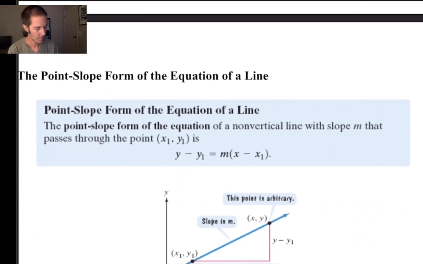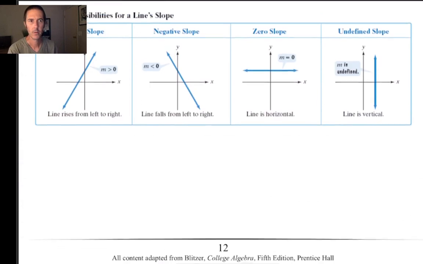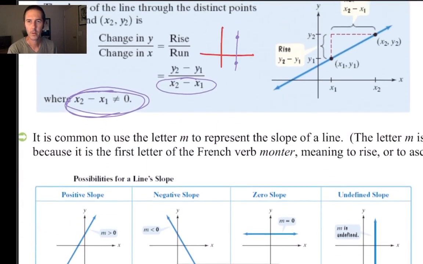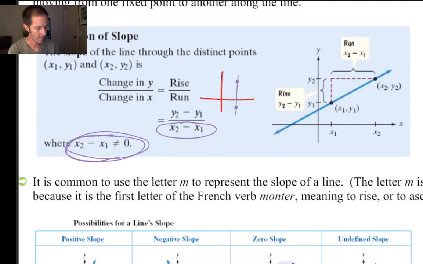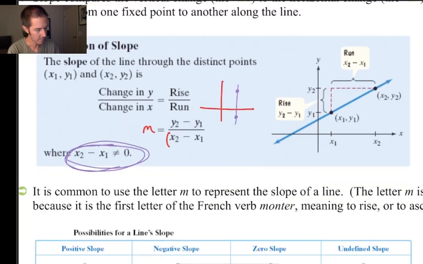The relationship between this equation, which is called point-slope form, and this equation: if I put an m in front of this equation to describe slope, and we were to multiply both sides of that equation by x2 minus x1, then that would disappear from here.